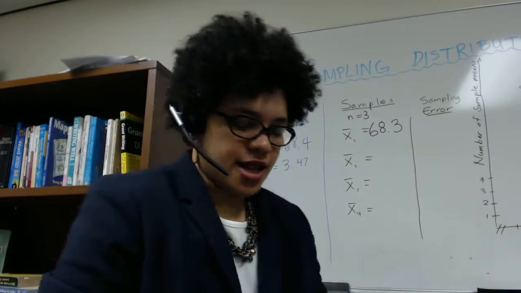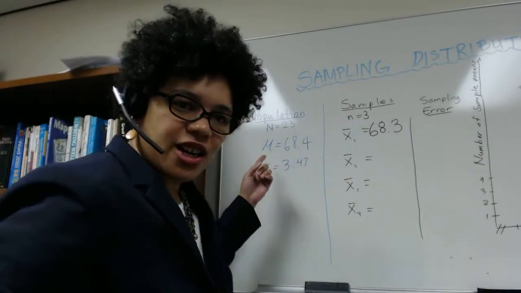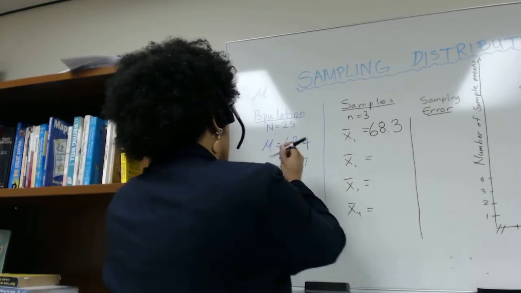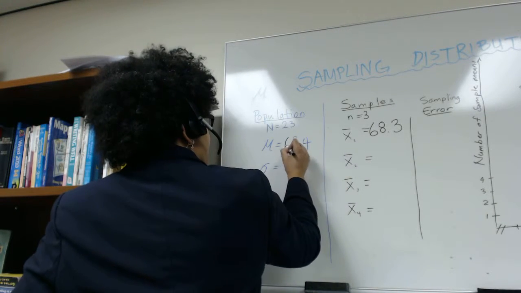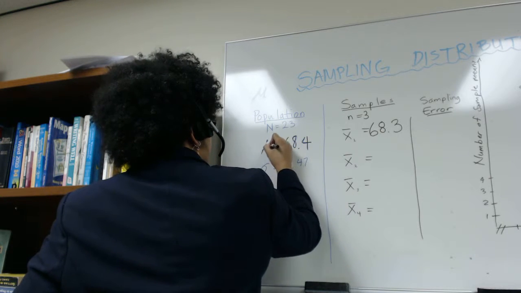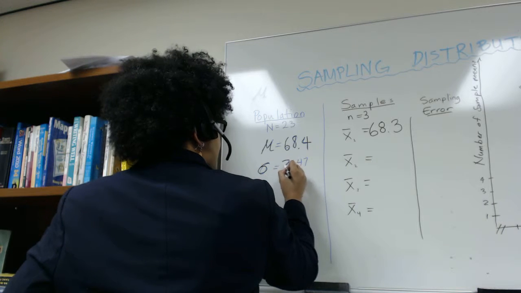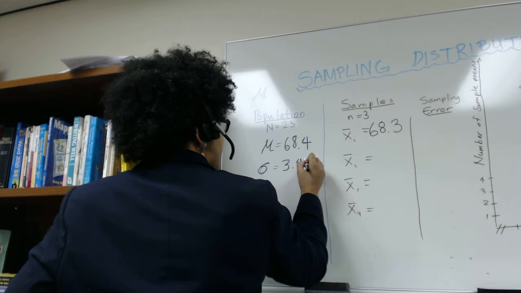Now that's not too far off. This blue is kind of hard to see, isn't it? Let me trace over in black. So our mu was 68.4 and our sigma 3.47.